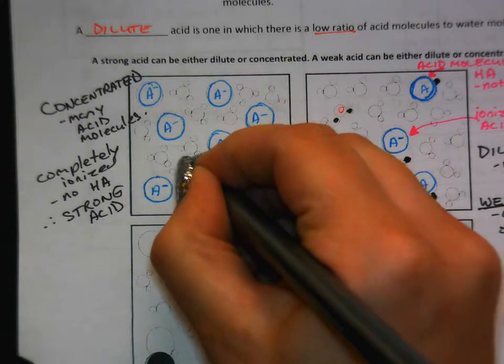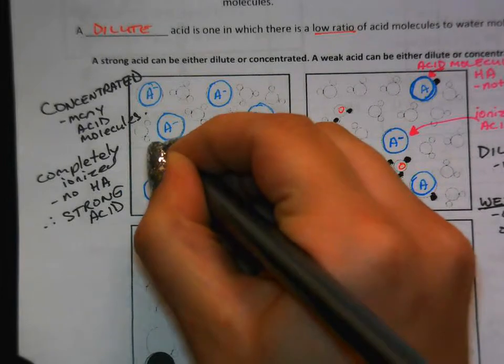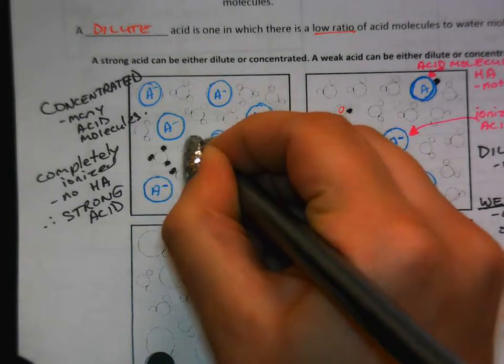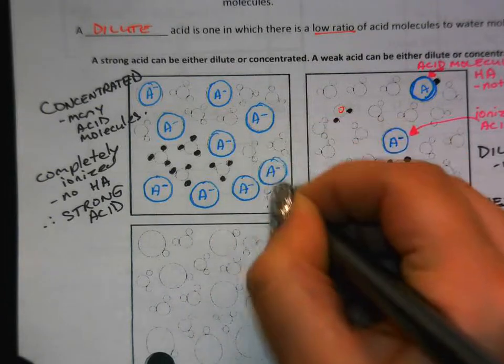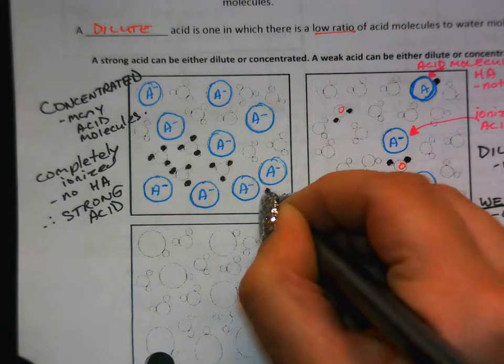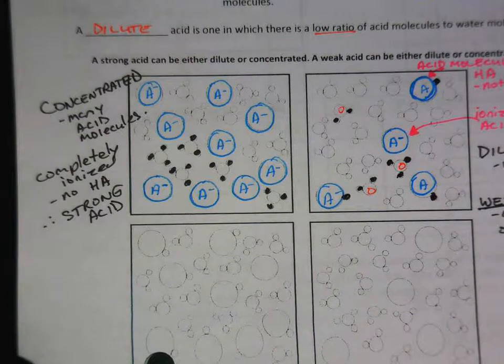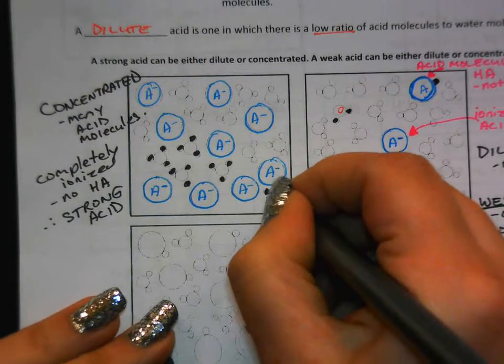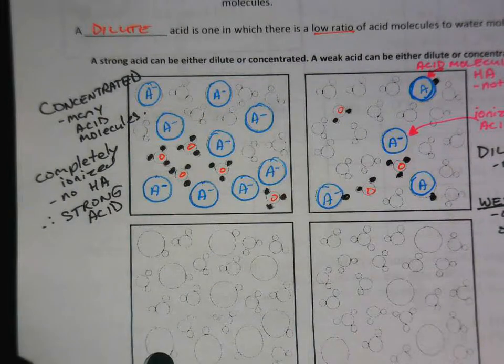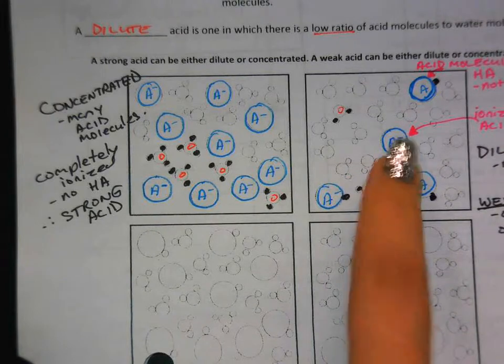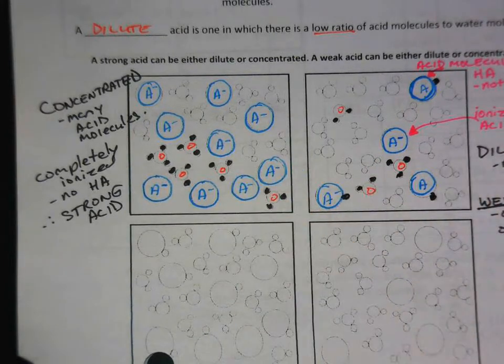Hydrogen has gone on each of the water molecules that it could find. Oxygens in the centers of each of the water molecules. We have a concentrated strong acid.